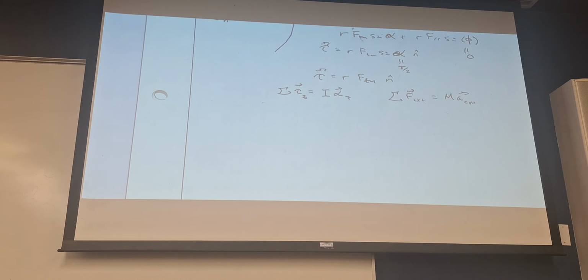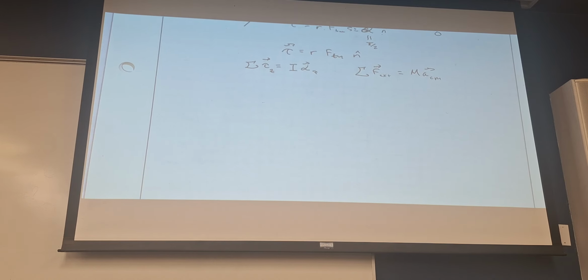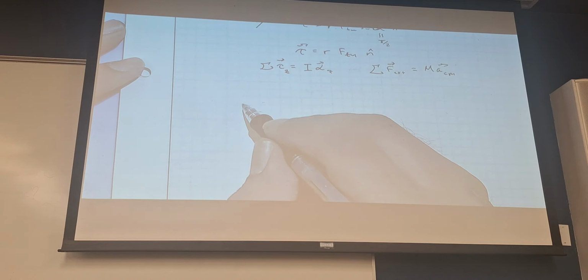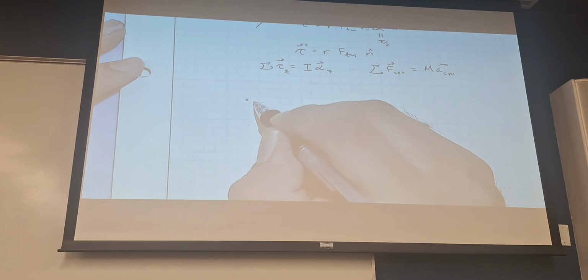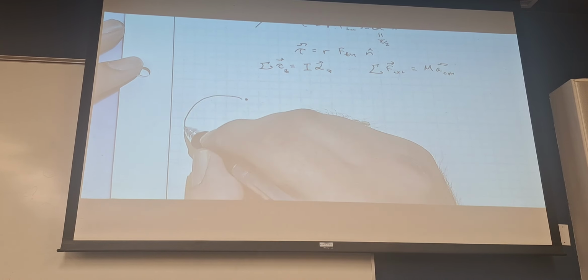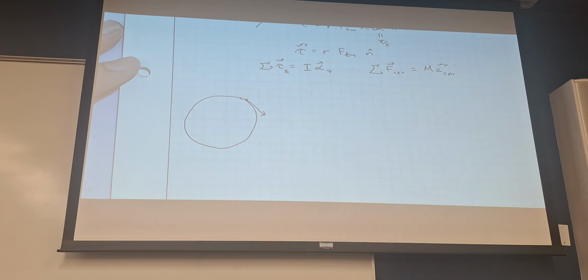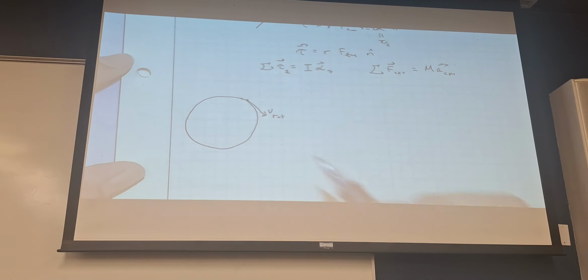Okay, so what about the energy of the rotation? So if we were to look at a particle, let's say a wheel, there's a piece of it called your rotational velocity, right? But it's also moving, right?